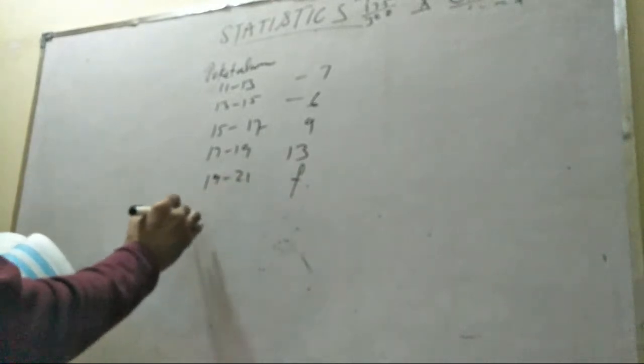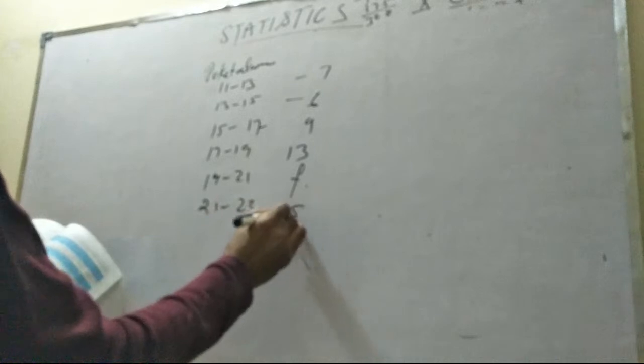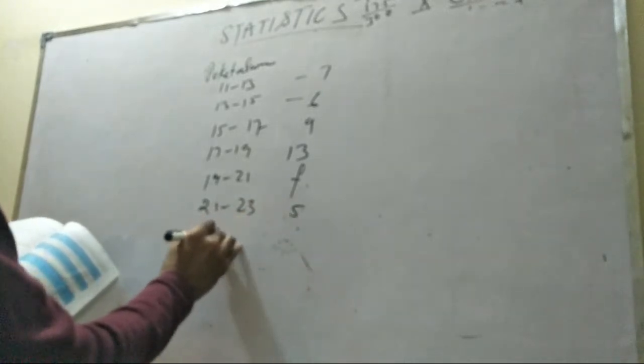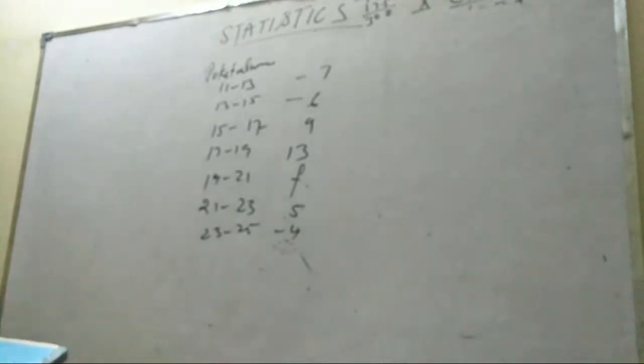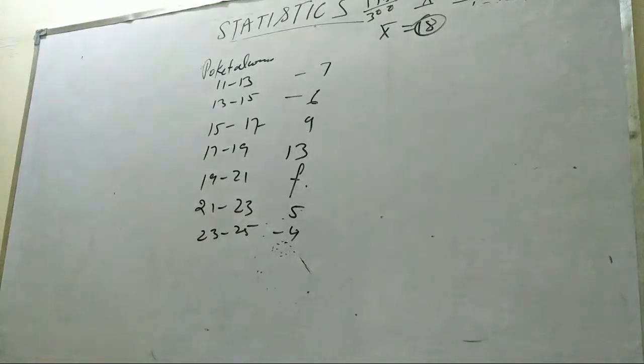And 21 to 23 has 5, and 23 to 25 has 4. But assume the mean is equal to 18. Find the missing value.